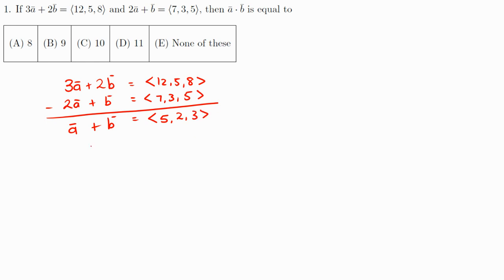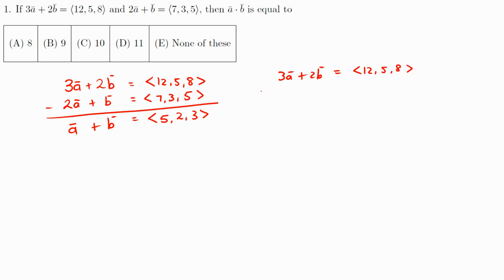Okay. So now our goal is to multiply A and B, not add them. So let's go get B alone. We can manipulate this one, multiply it by 2, then we might get the A alone. So we have this that they gave us, 12, 5, 8.